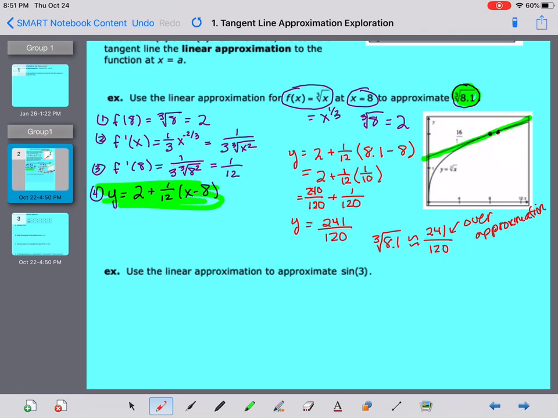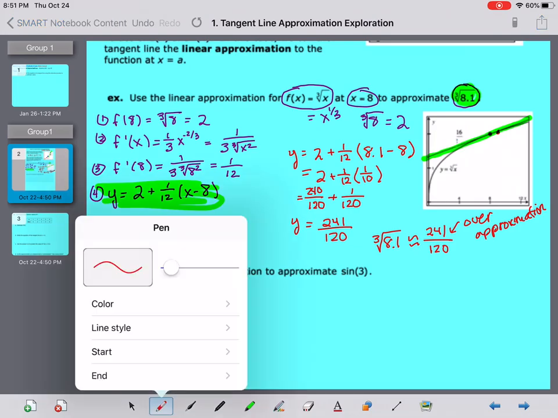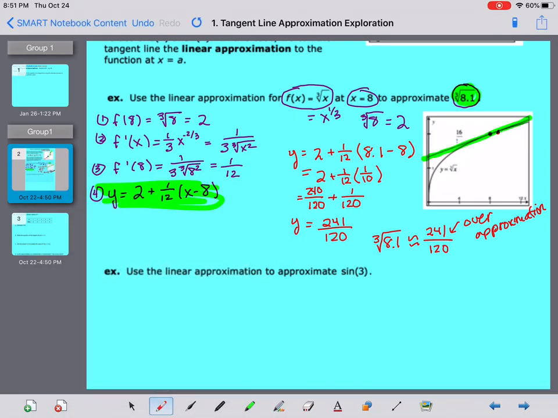Okay, so we can do this pretty much with any process. So for instance, if I want to use a linear approximation to approximate sine of 3, there's two things that I need to do. I need to first figure out the actual operation that's going on here. So the operation that's going on is sine. So I'm going to use a function that has that same operation on a random value, so sine of x.